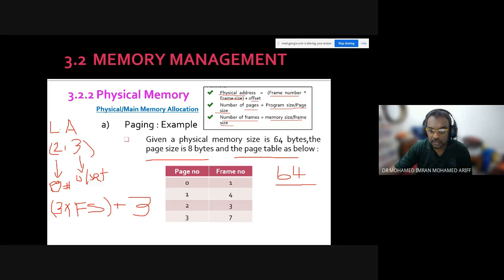So 64 divided by 8, we get 8. So 8 is what we say as the page size. Okay, page size we say it's the same as frame size. So gantikan 8 ini dalam ni, so 3 multiply by 8 plus 3 have as apa jawapan dia? 27.